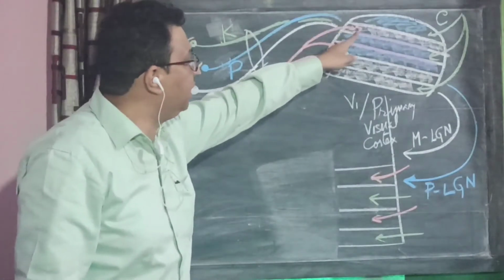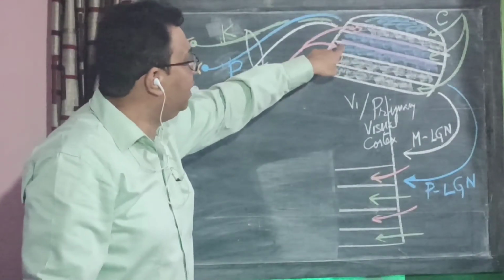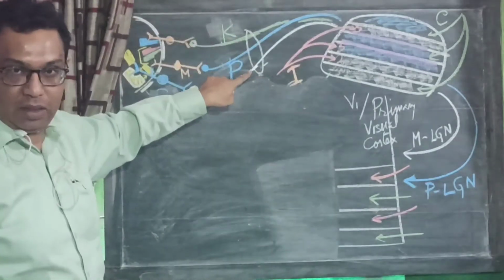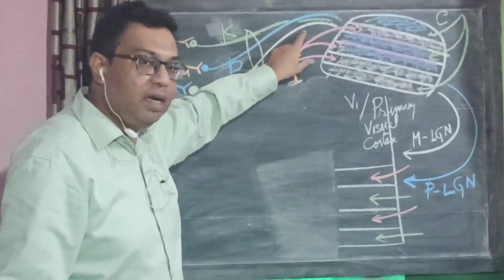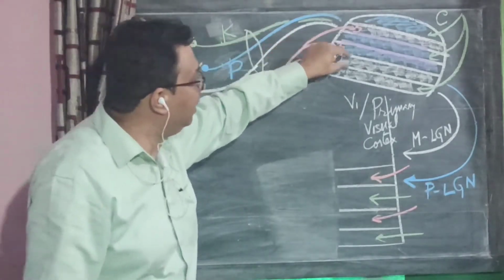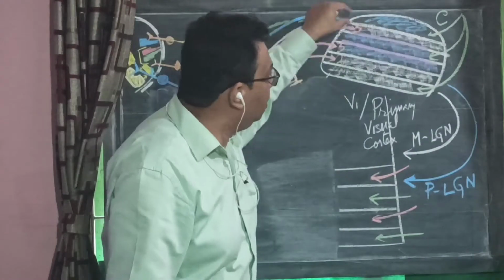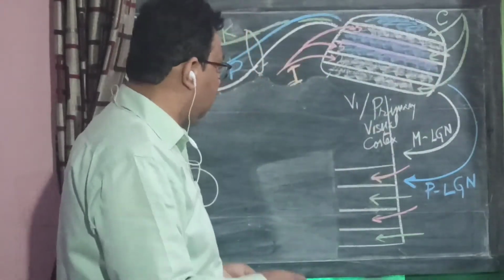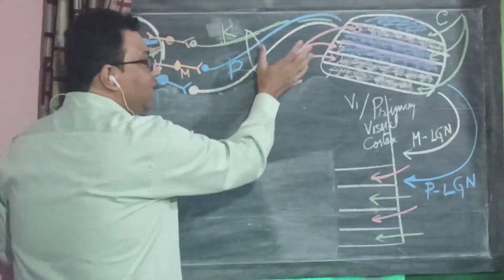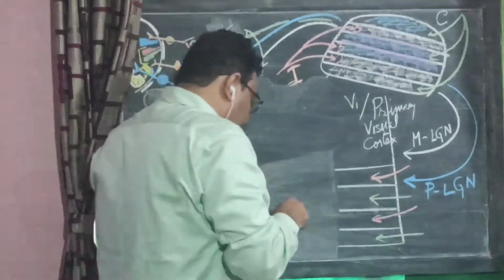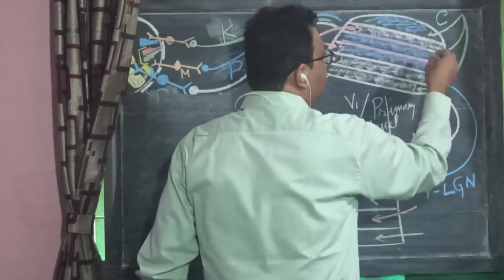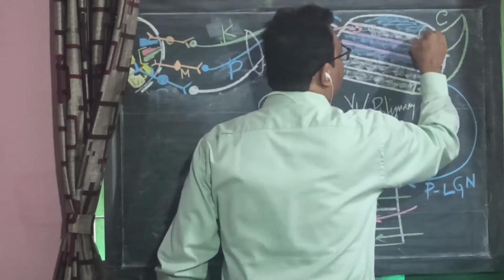So ipsilateral will be signaling to the second layer, third layer and fifth layer. Please remember, these ipsilateral fibers have all the 3 components, but they are signaling to specific layers or strata of the lateral geniculate body. The same is the case with the contralateral fibers, fibers which are coming from the nasal aspect of the other eye. They are signaling to a different strata. So obviously the strata are 1, 4 and 6.